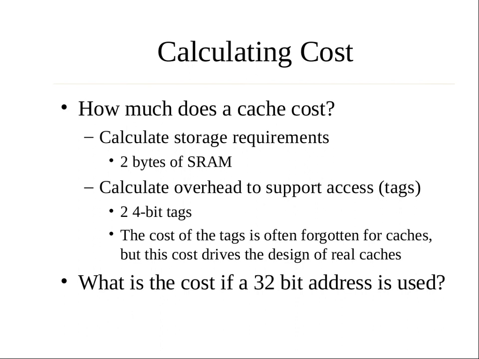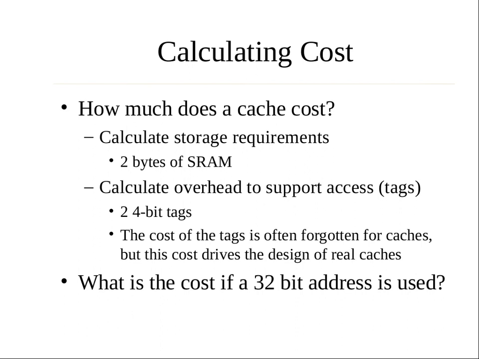What if it was a 32-bit address? How many bits are in the tag? 32. 2 times that is 8 bytes, plus the 2 bytes of SRAM, which would be 10. So you've got 3 bytes up here, and 10 bytes down here.